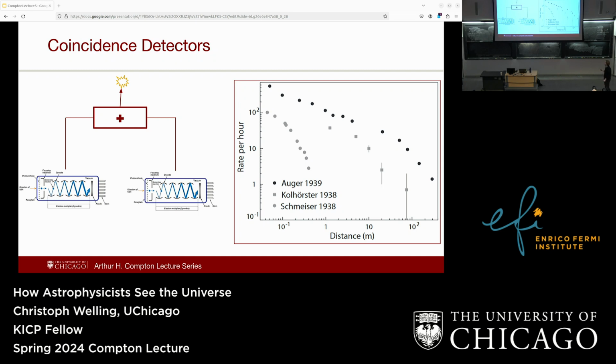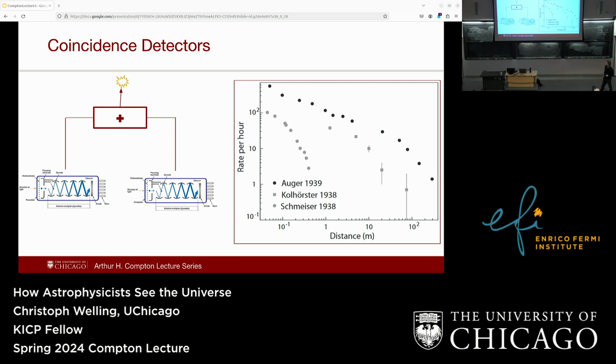And people did this in the late 30s. They used Geiger counters, not scintillators, to be perfectly accurate. But they noticed that how many of these coincidences you see depends on how far apart your detectors are. And you can also calculate, if all these rays were not connected to each other, how often would I expect to see, just by pure coincidence, two particles hit my two detectors at the same time?